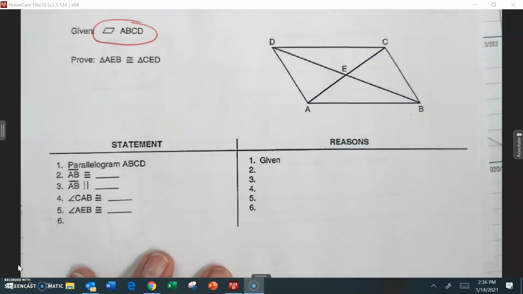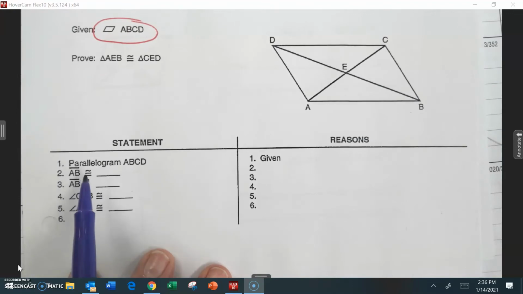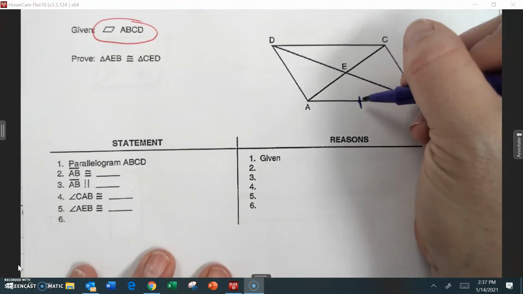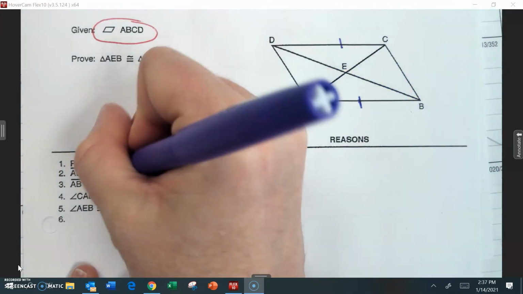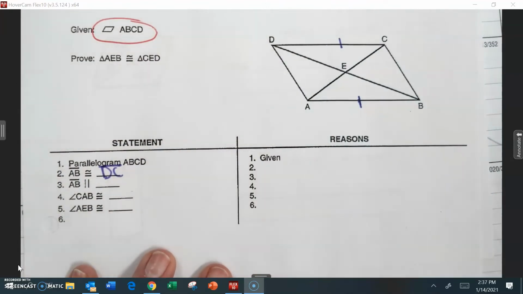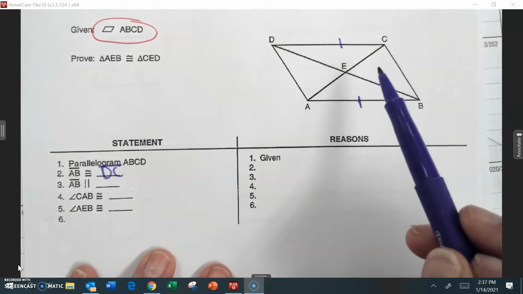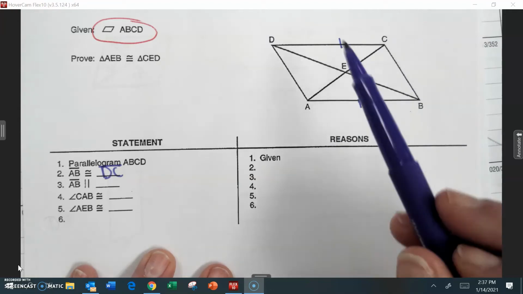So what happens is when it's now saying step 2 is AB, well, we know because it's a parallelogram, the opposite sides are congruent. So I'm hoping that you have DC, and I'm going to mark it as we go. Now, if you're going, well, how am I supposed to know that? What's the reason? Well, once you know something's a parallelogram, one of its properties is that opposite sides are equal.